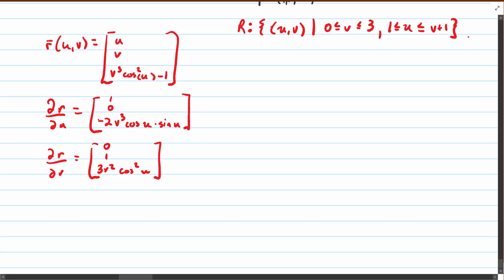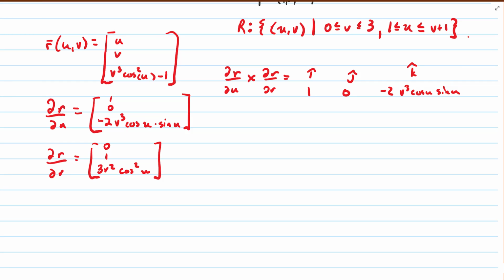And so now we're going to go ahead and compute the cross product of those two. So partial r partial u crossed with partial r partial v. Let's give ourselves some room. i, j, and then k is going to need quite a bit of room. So then we would have 1, 0, and minus 2 v cubed cosine u sine u.